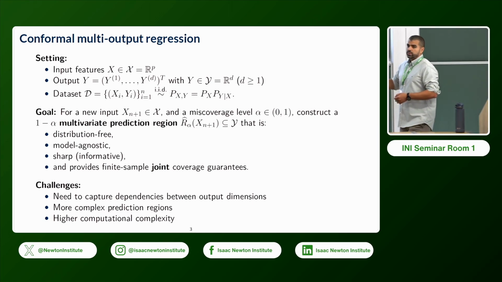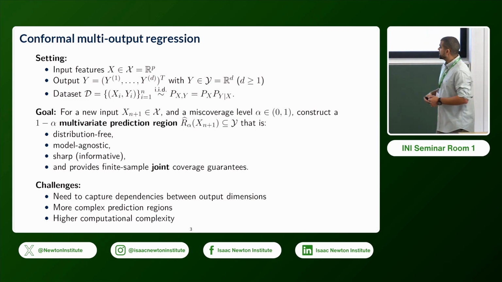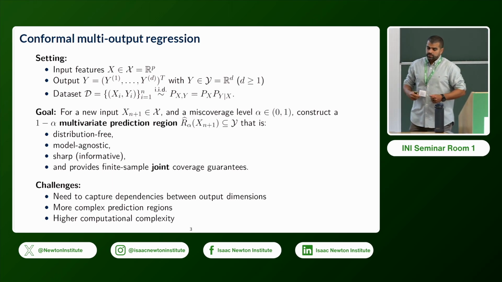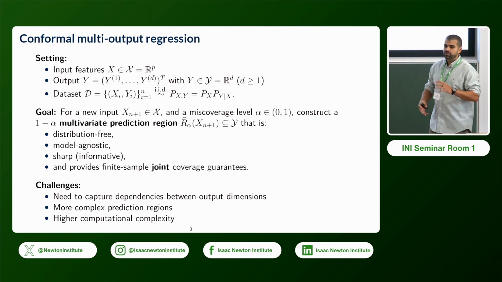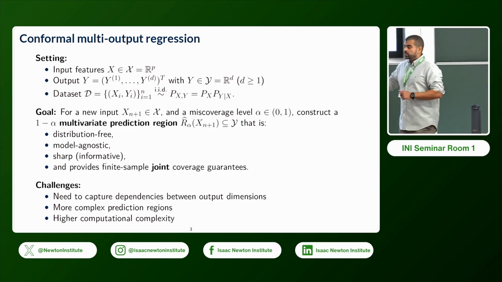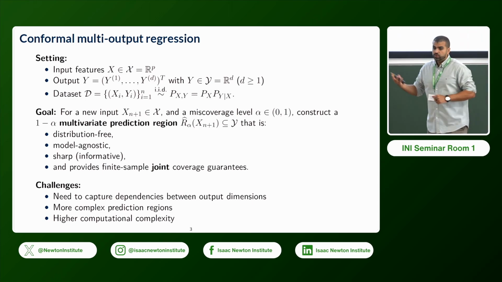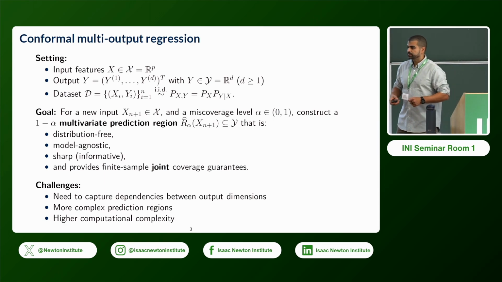Of course, we also want our prediction region to be sharp, to have informative predictions. Now, because our output is multidimensional, we need to capture the dependencies between the outputs. In the multi-output setting, we have more complex prediction regions, which leads to higher computational complexity.